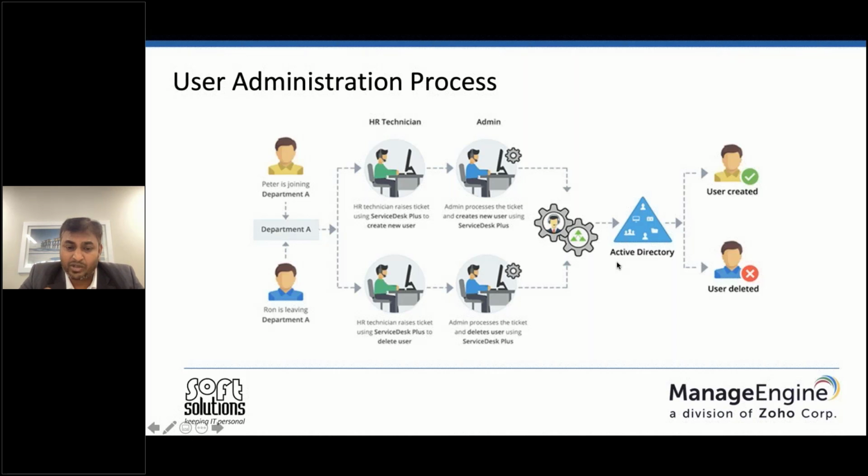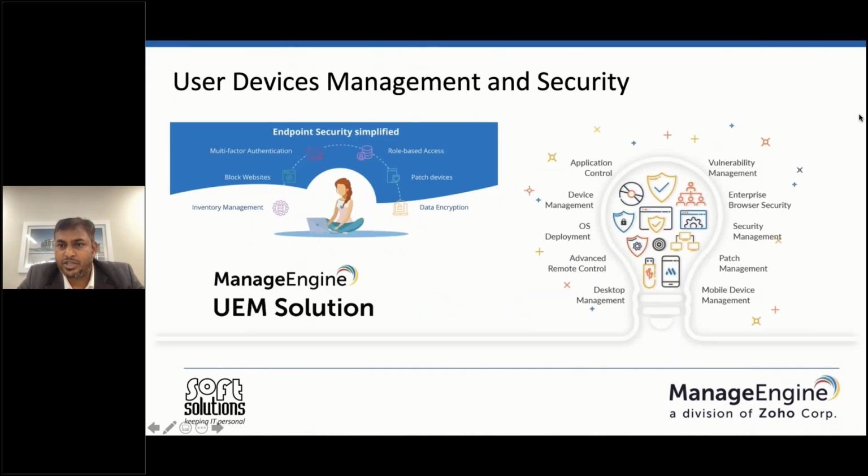Not just that, also any modification. So user provisioning, reprovisioning, deprovisioning, or any sort of management of an AD object can be achieved using this particular solution. We'll have a look into that in detail using our application directly. So let me share my browser.